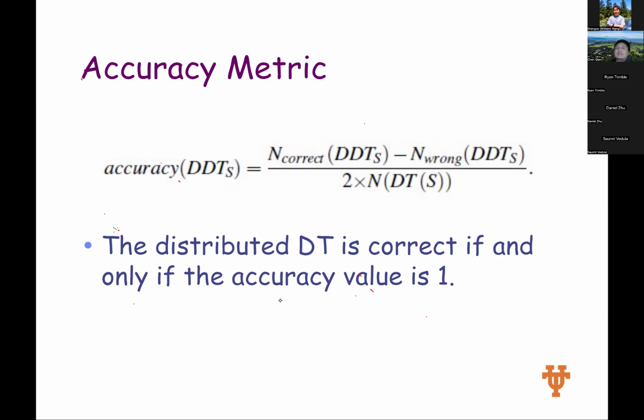Because a DT edge is from one node's perspective. Maybe from the other node's perspective, the DT neighbor looks different. So every DT link actually counts twice if we consider the local DT. So if there's no wrong DT edge, then the accuracy is 100%.